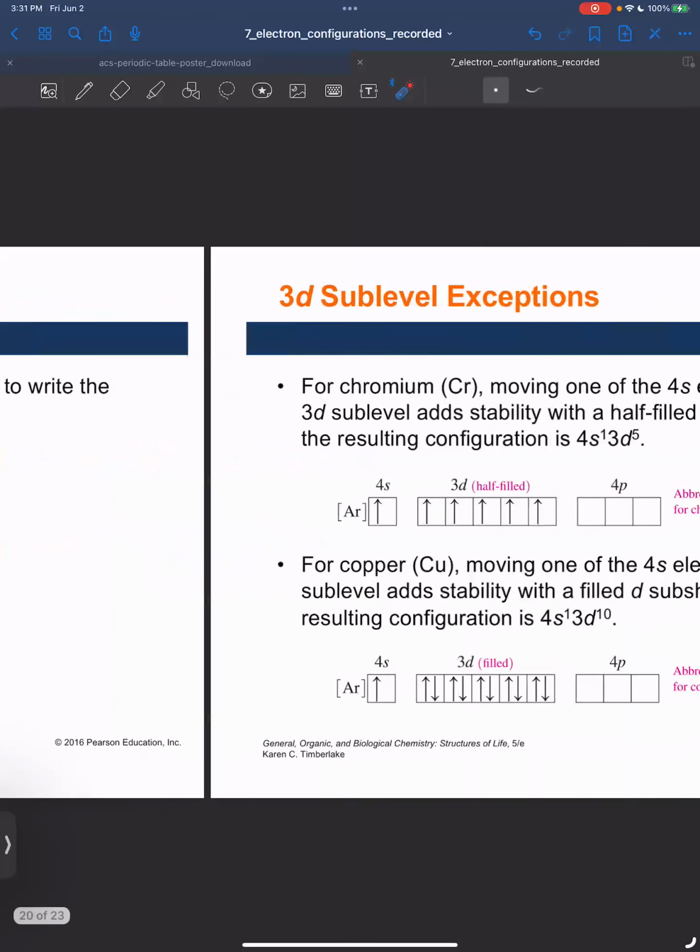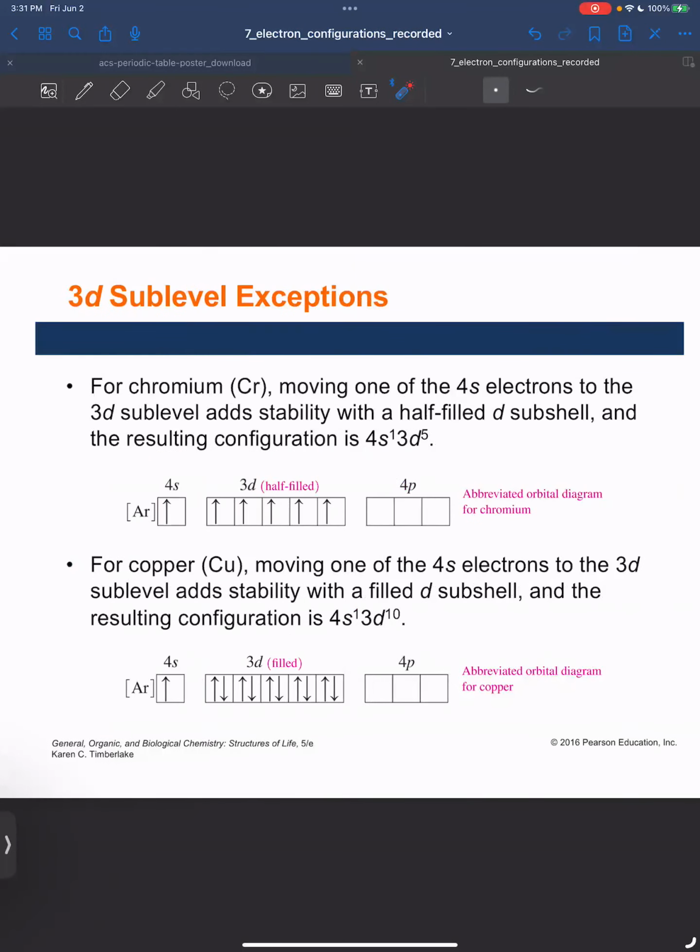So as a reminder, there are the two exceptions we're covering in this class, chromium and copper. For chromium, moving one of the 4s electrons to the 3d sublevel adds stability with the half-filled d subshell, and the resulting configuration is 4s1 3d5. And for copper, moving one of the 4s electrons to the 3d sublevel adds stability with the filled d subshell, and the resulting configuration is 4s1 3d10.